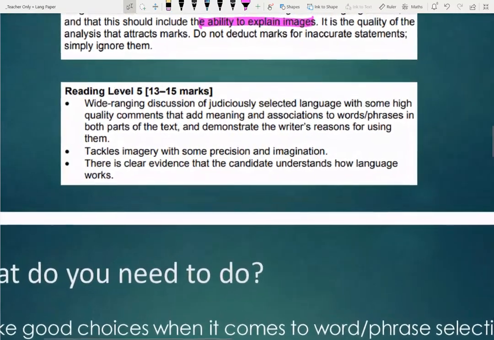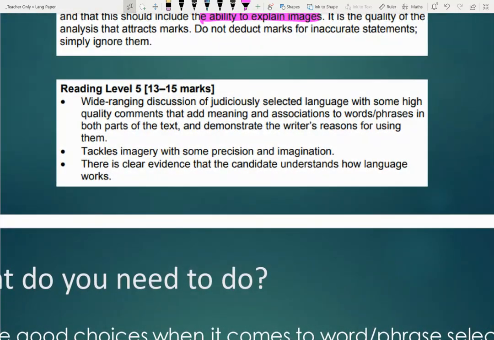This here is the actual mark scheme itself in terms of the criteria. This is the top band, it's marked at 15. Things to note, it needs to be a wide-ranging discussion of language. And I suppose what that's suggesting is that you should be choosing words and phrases that create or generate different effects.